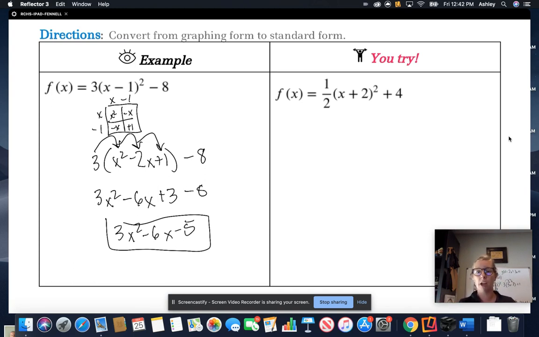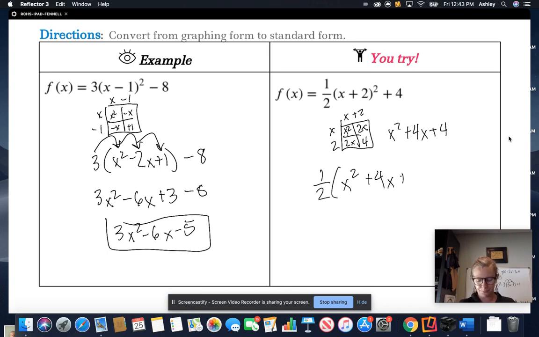All right, you do it on this one. Pause, give this your best attempt on your own. Okay, don't forget area model: x plus 2, x plus 2, x squared, 2x, 2x, 4, x squared plus 4x plus 4. So now we need to multiply everything in there by 1/2 because that is my a value.